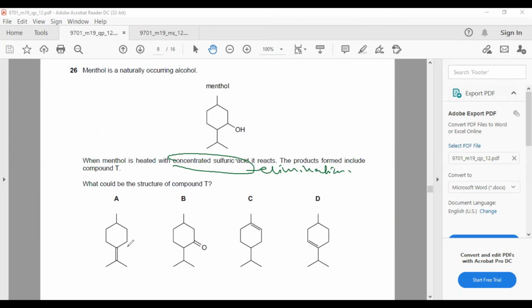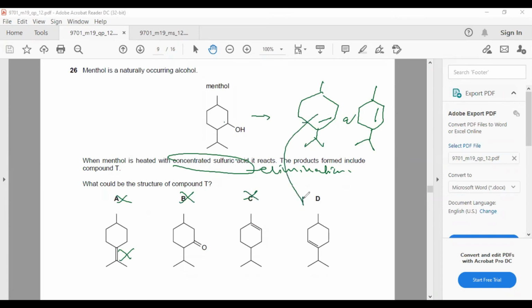This is wrong because either the double bond is formed here, or you can make it like this, or like this. Anyone. So B and A are 100% wrong. C or D, any one option is there. C is wrong, but this one is similar to D.